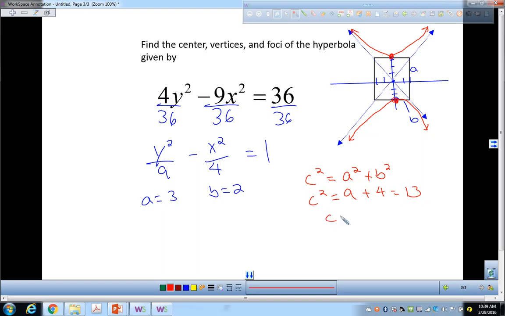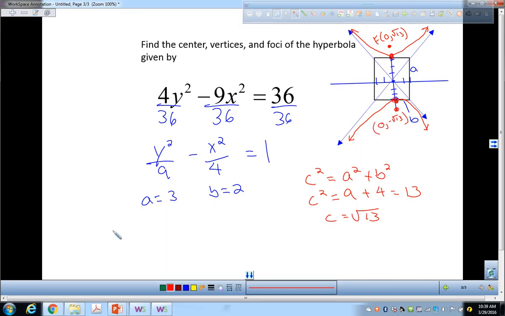So c is equal to the square root of 13, which is 3 point something, which makes sense because this is 3, so the focus would be inside of those vertices. So this focus would be at (0, positive square root of 13), and this focus would be at (0, negative square root of 13).